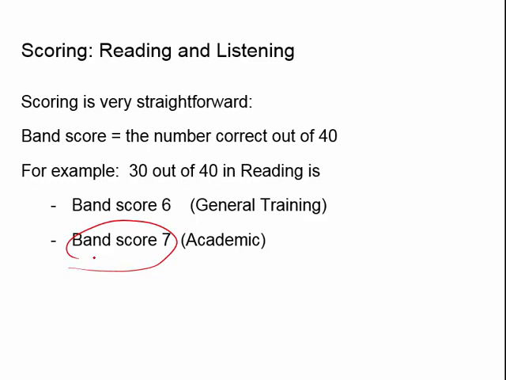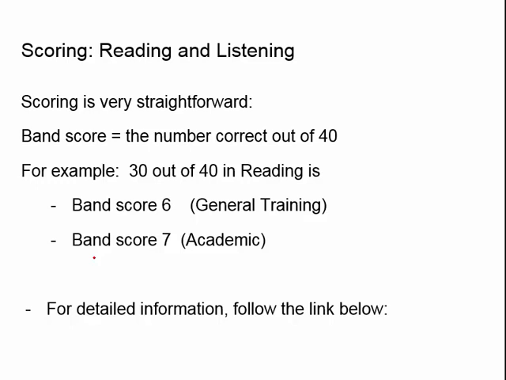They're different exams and they each have their own grading criteria. But just know that it is just a table they follow, and the number of correct answers you get out of 40 will be your band score for that section. You can see the tables for academic and general training reading scores and listening scores if you follow the links below.